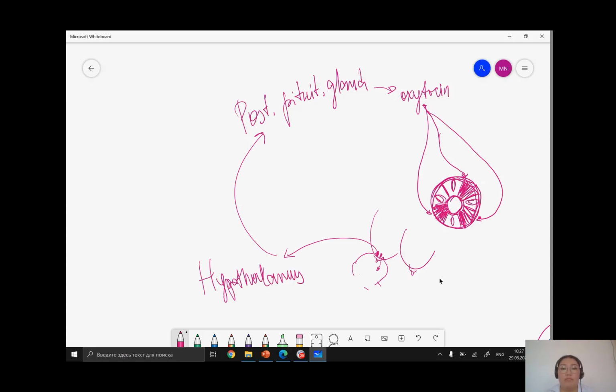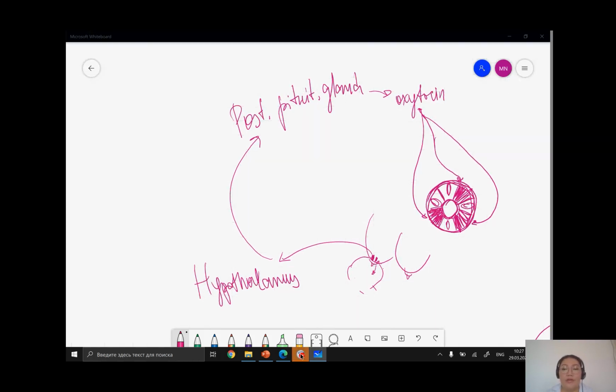So, what is the feedback chain? Is it negative or positive? Okay, so the positive feedback, yes, it's positive, totally positive.